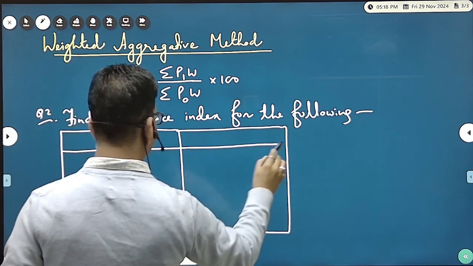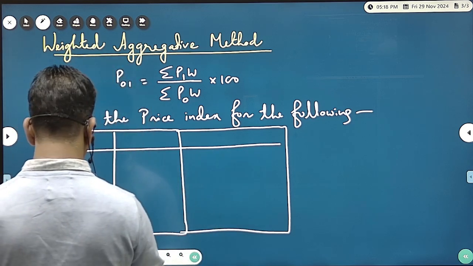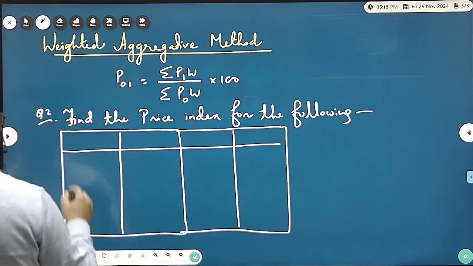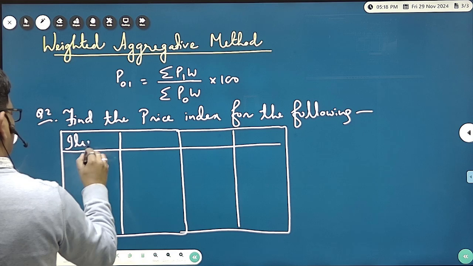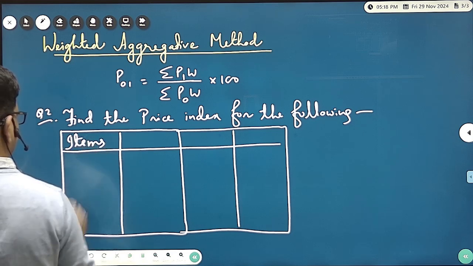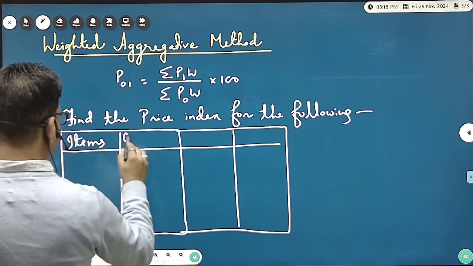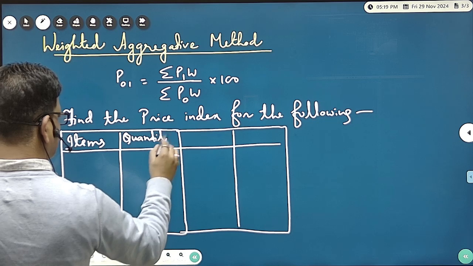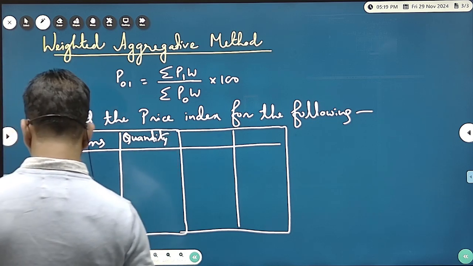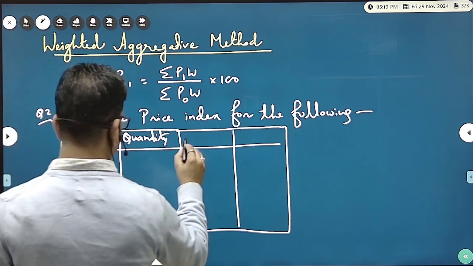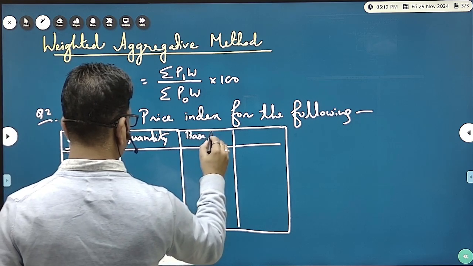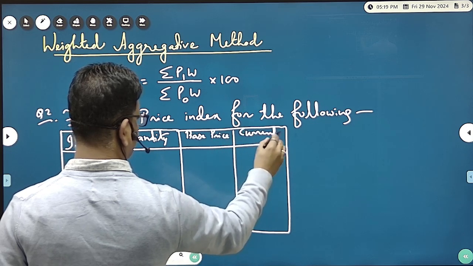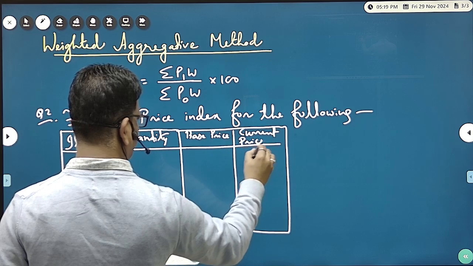So we have once again the 4 columns. Suppose these are the items bought, suppose these are the quantities, and these are the prices, base price and current price, right.